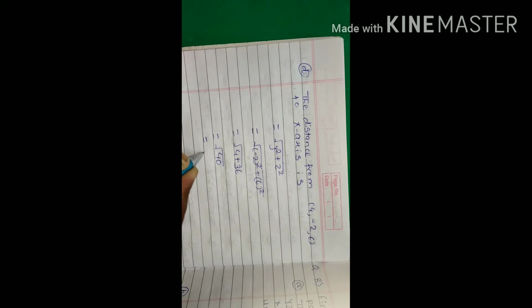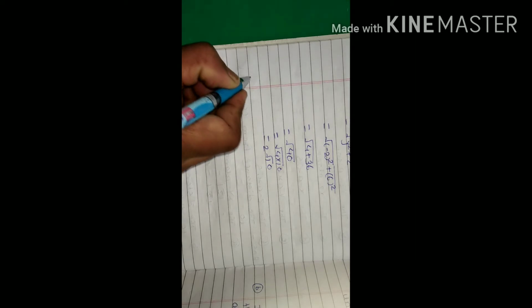We can also write 4 into 10, which is 2 root 10. That is the distance to the x-axis.